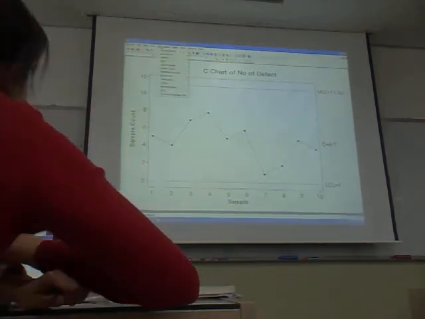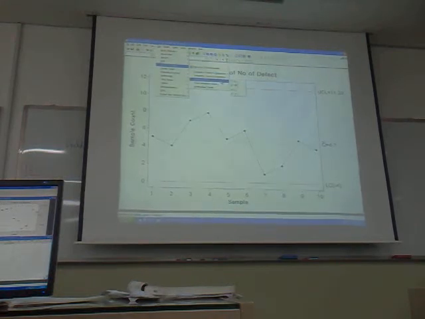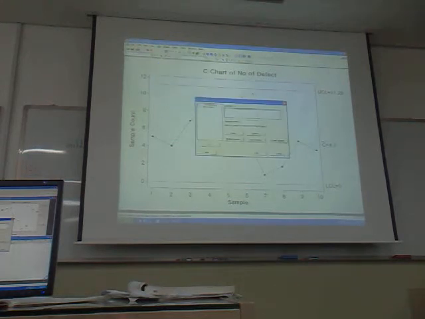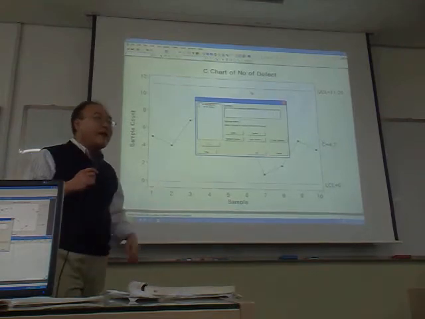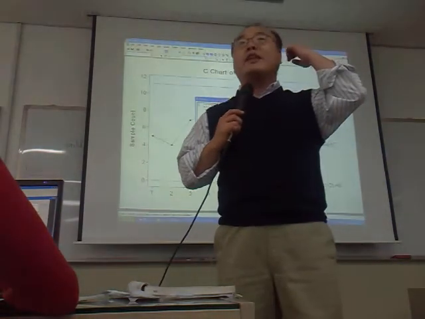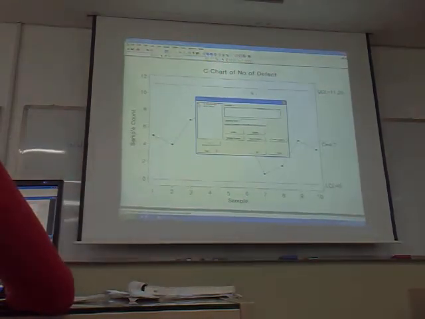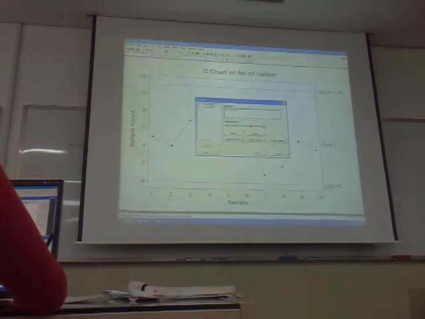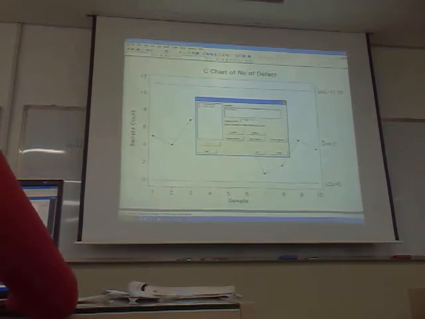Let's go to the U chart. Please go to statistics and control chart. Let's go to the attribute chart and go to U chart. The U chart is the DPU chart, defect per unit, average defect per unit chart. So put the data of defect, and subgroup size means how many units you get in the sample.